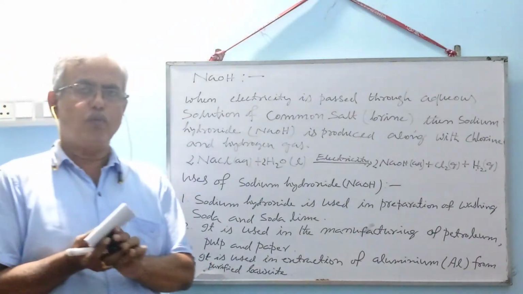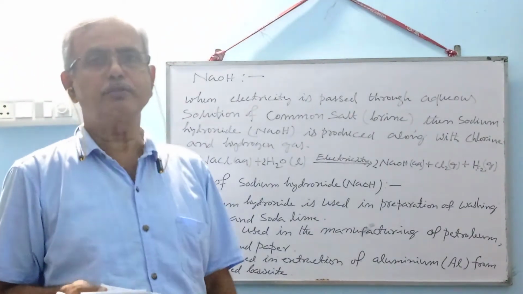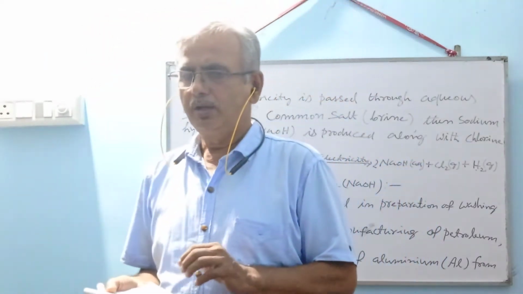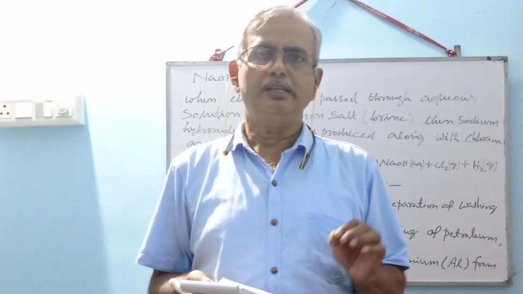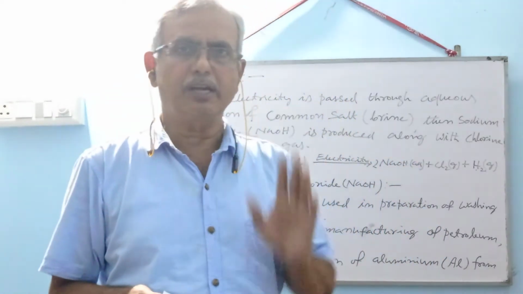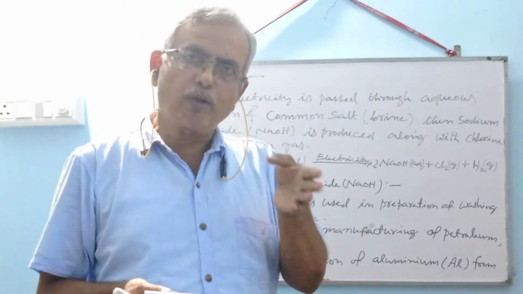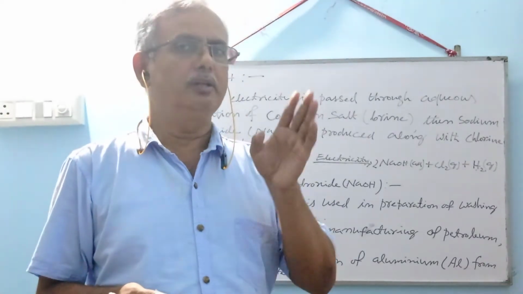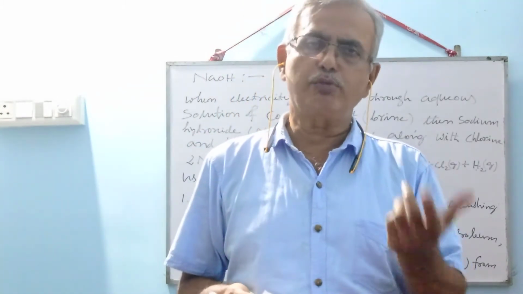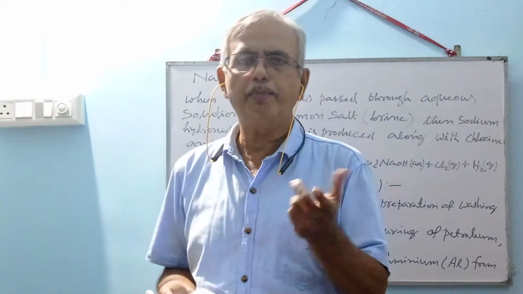So in this way, once again I am recapping, you try to understand. I have taught you sodium hydroxide. Sodium hydroxide is prepared by passing electric current through an aqueous solution of sodium chloride. That aqueous solution of sodium chloride is called brine also.